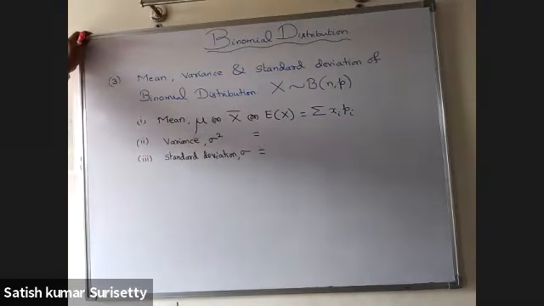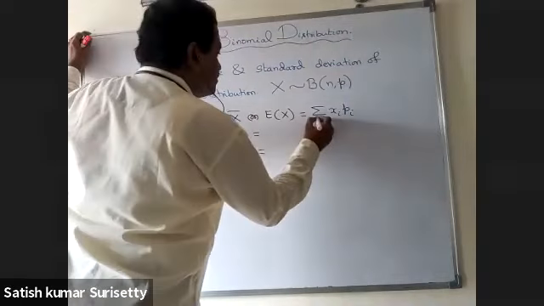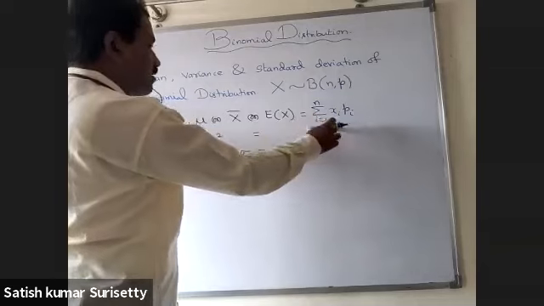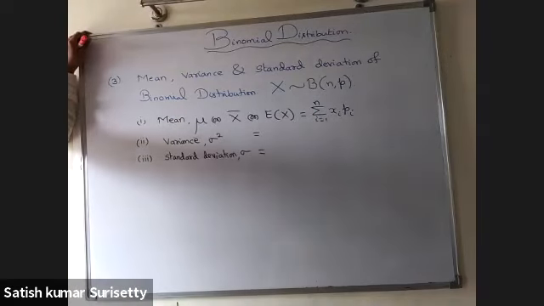The formula for the mean of a discrete random variable is the sum of x_i p_i, for i equal to 1 to n. Now this formula you have to apply for the binomial distribution and then simplify.